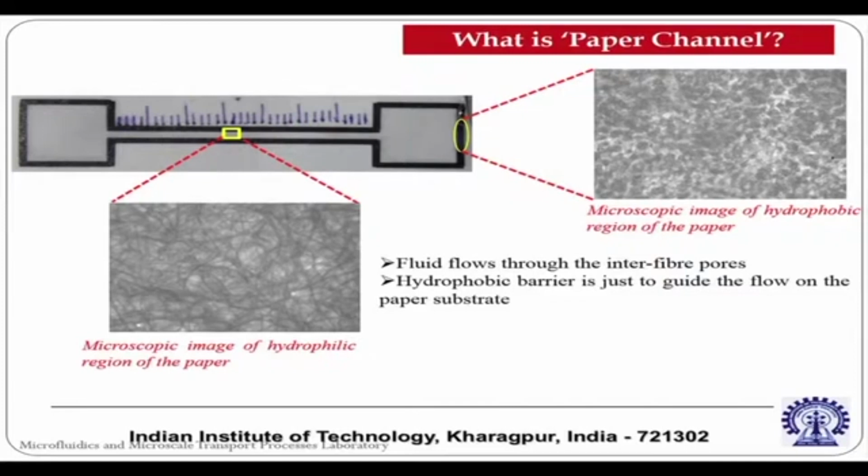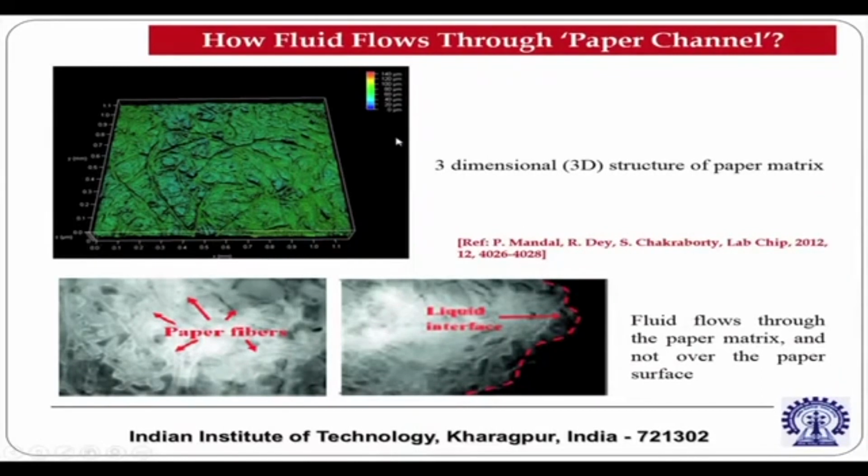You basically make microfluidic channels by inexpensive fabrication technologies. The paper has many pores, so you block certain pores so that you have a specific direction in which the blood sample will flow. Basically the fluid flows through the paper matrix normally by capillary action.